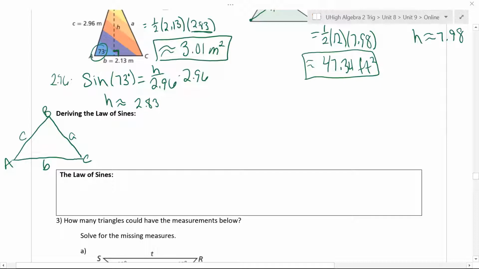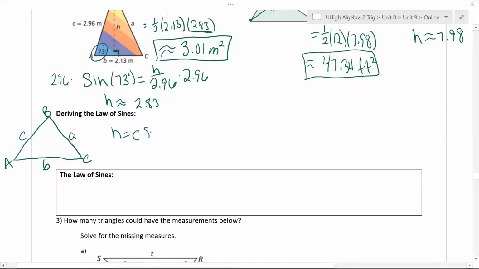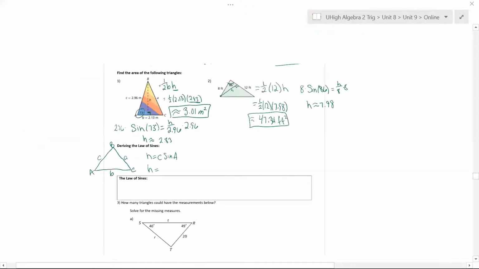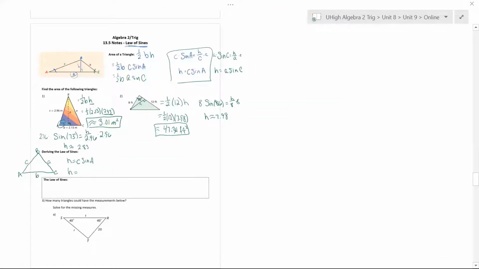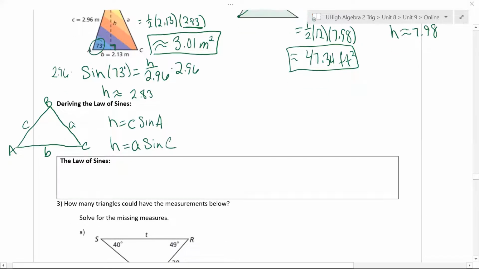So we found that h equals c times the sine of A, and we found that h equals a times the sine of C. So what I want to take a look at here is, since I have h in both of these equations, that means I can set the other two parts equal to one another.